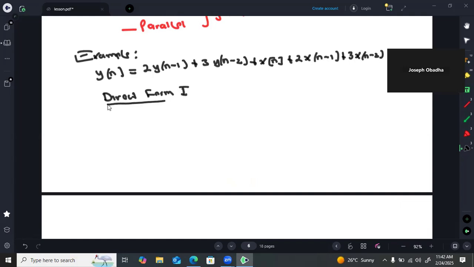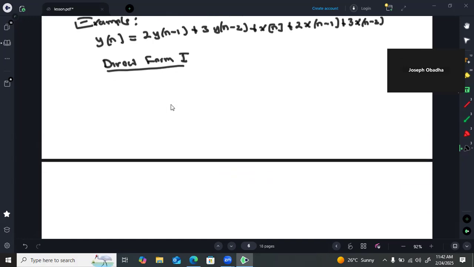So we saw that for you to implement a filter using the direct form 1 structure, you need to bring an intermediate variable to represent the inputs. So if the intermediate variable we have used is w of n, then we can say let w of n be equal to x of n plus 2x of n minus 1 plus 3x of n minus 2.